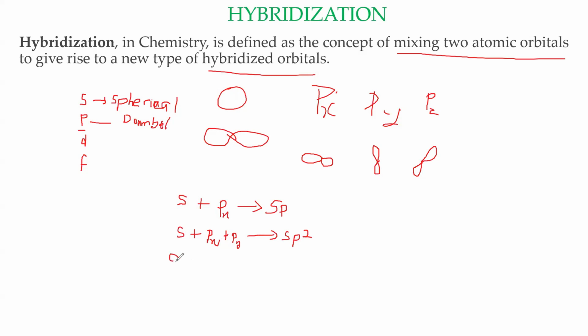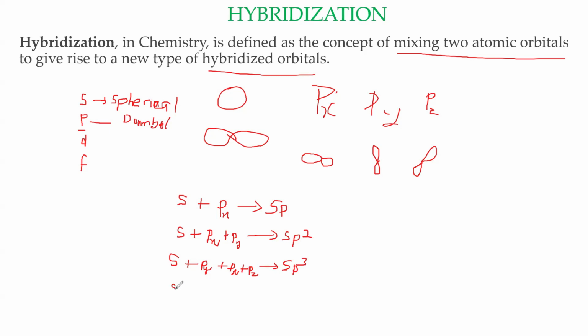And then when you have s plus px plus py plus pz, then we are going to have sp3 hybridization.